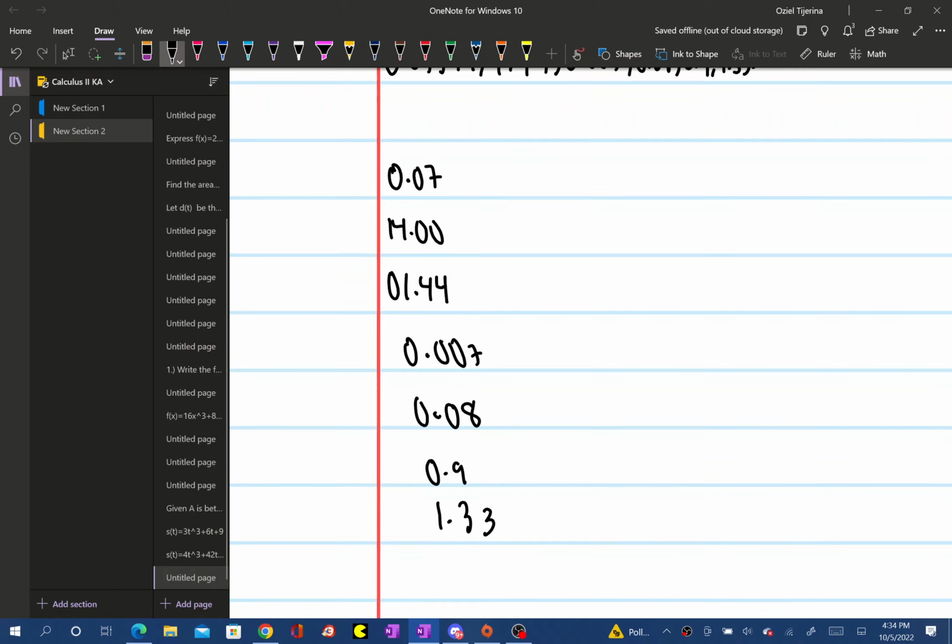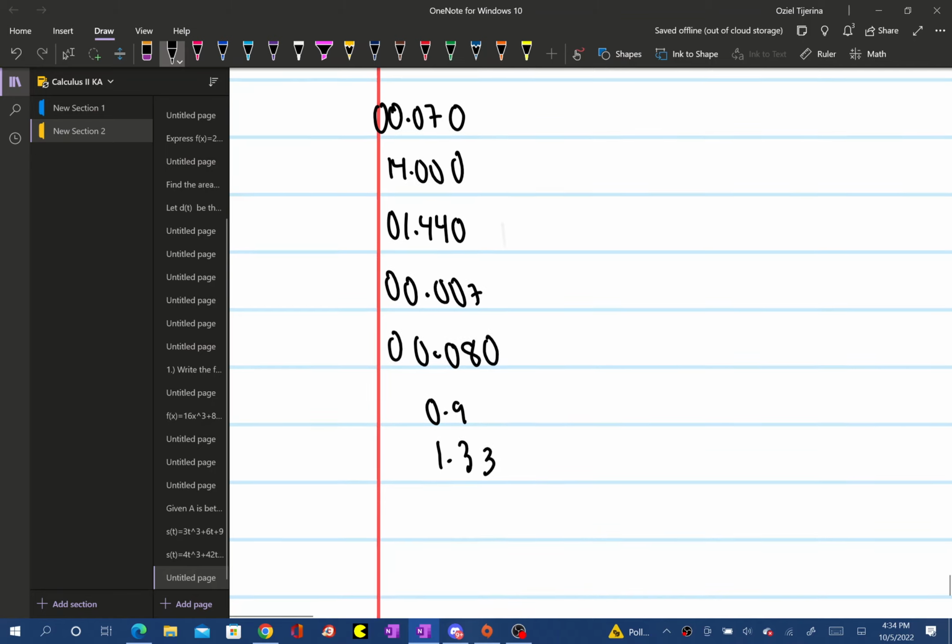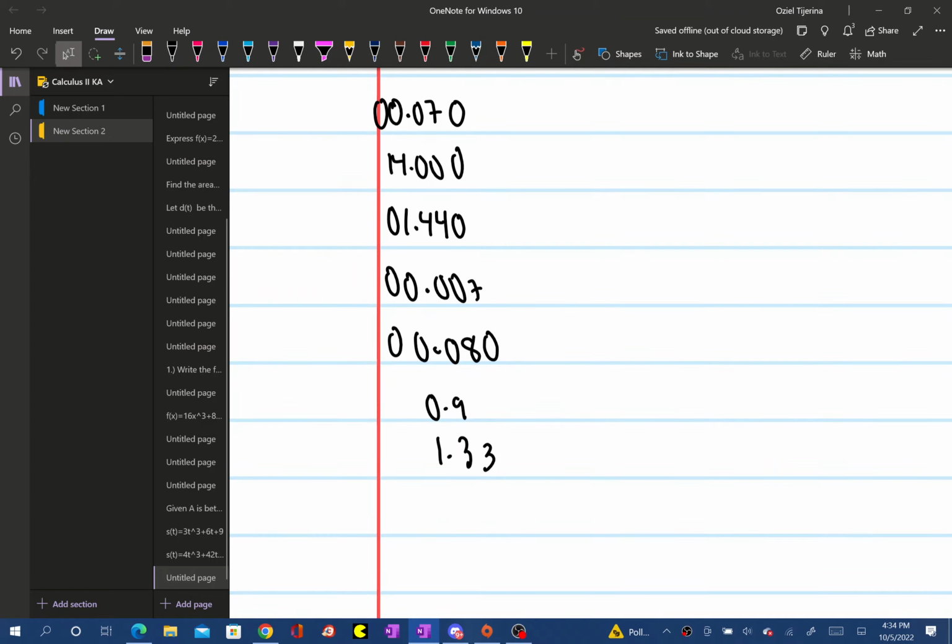Now if I do it like this, I can put a 0 here, a 0 here, and a 0 here. So there are 2 numbers before the decimal and 3 numbers after the decimal. That's the whole idea.